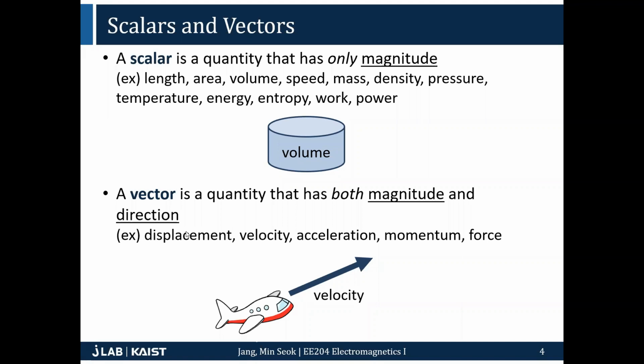You need many numbers in order to determine a vector. If it's a three-dimensional vector, you need 3 numbers to define it. Examples are velocity, acceleration, momentum, force. All these things have direction, not only the amplitude.